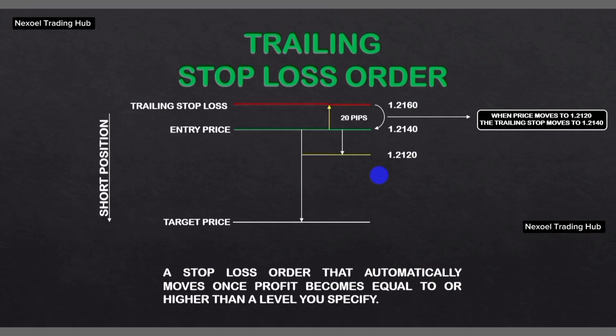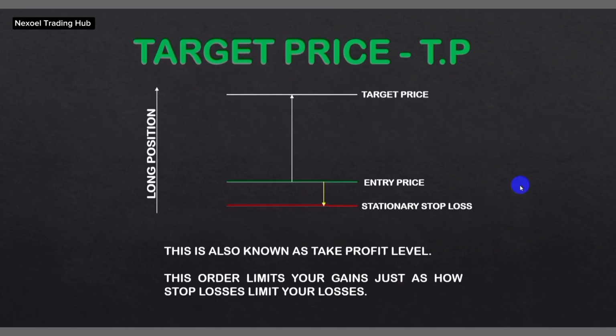Next we have what we call the target price, which is also known as take profit, or TP. The target price is also known as the take profit level. This order limits your gain, just as stop losses limit your losses.